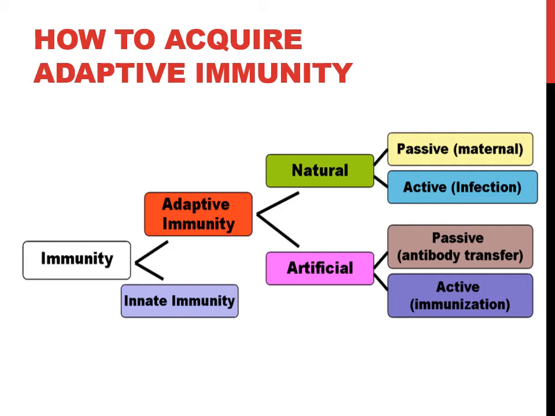Okay, so that particular strain, your body is now going to produce an adaptive immunity to. The B cells and T cells are going to remember that strain of bacteria, and the next time it sees it, it can produce tremendous amounts of antibodies from the B cells and a tremendous attack from the T cells.